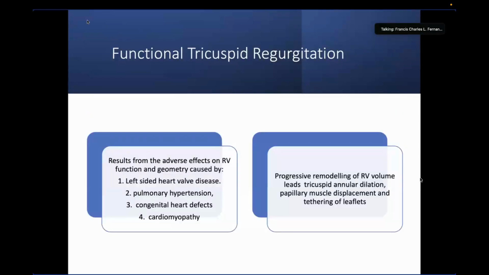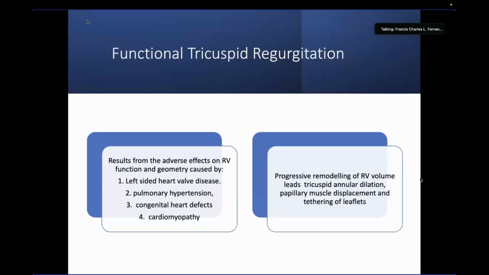So functional tricuspid regurgitation, as mentioned, can be from mostly left-sided heart disease and pulmonary hypertension. Once they cause pulmonary hypertension, the annulus dilates. Sometimes congenital heart defects like Ebstein's or other congenitals, and sometimes cardiomyopathy.